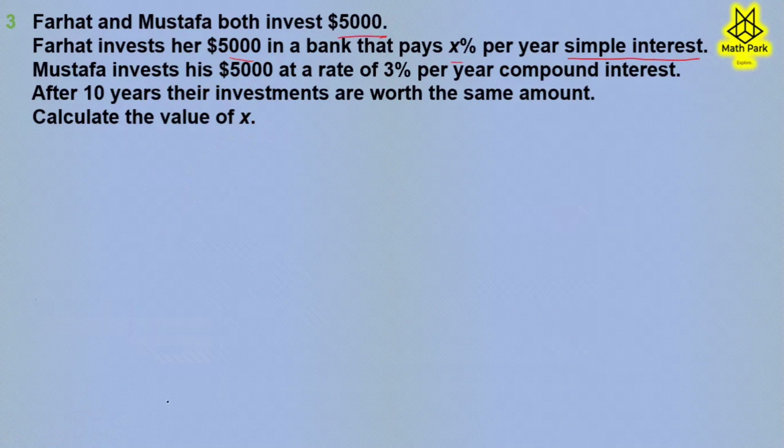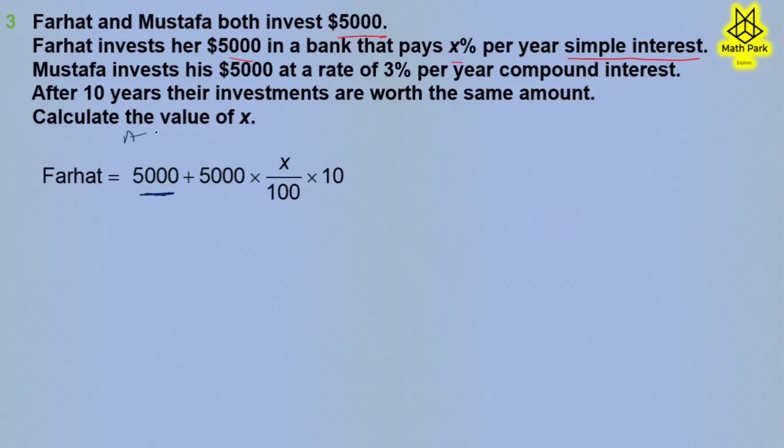So for Farhat, how do I get the value of investment? As we know, the amount is equal to principal plus interest. So initial investment plus interest. Here we are using the simple interest formula PRT over 100. So principal is 5,000, rate of interest is X that we have to find out, times 10 upon 100.